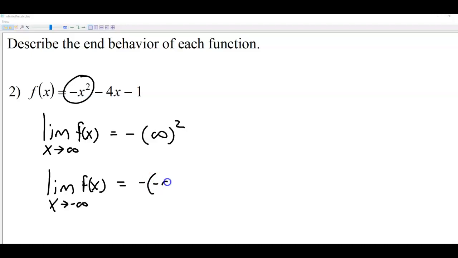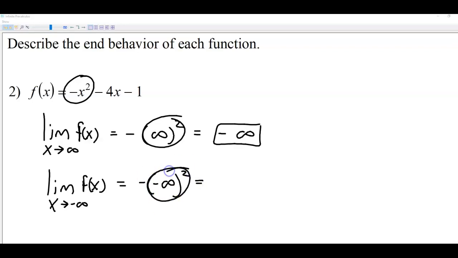Or in the second case, negative infinity. Now when you square infinity, you get infinity, and there's still a negative in the front, so it's negative infinity. For this guy, when you square negative infinity, you get positive infinity, but there's still the negative in the front, so it's also negative infinity.